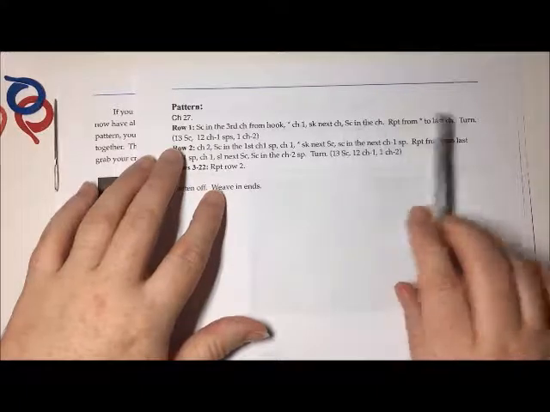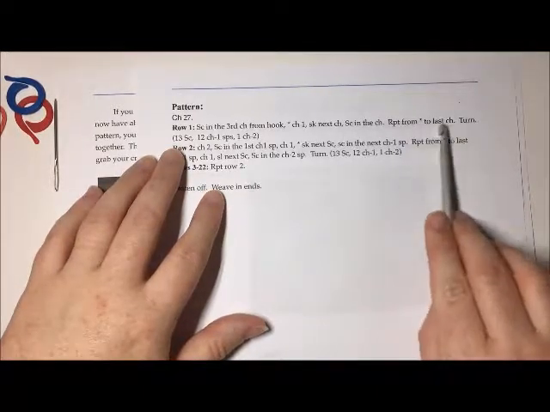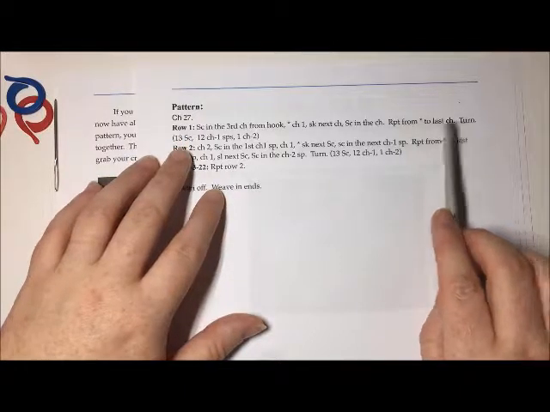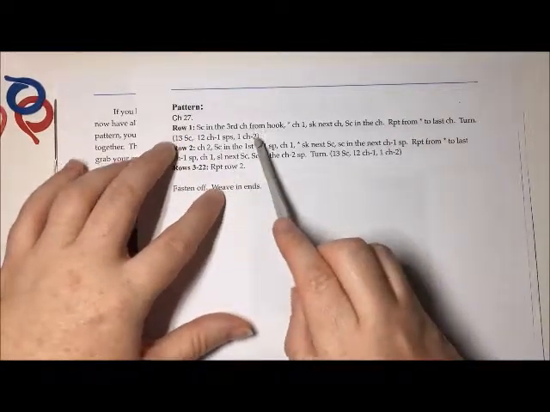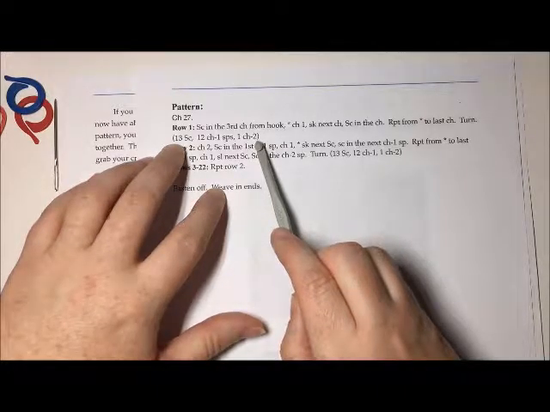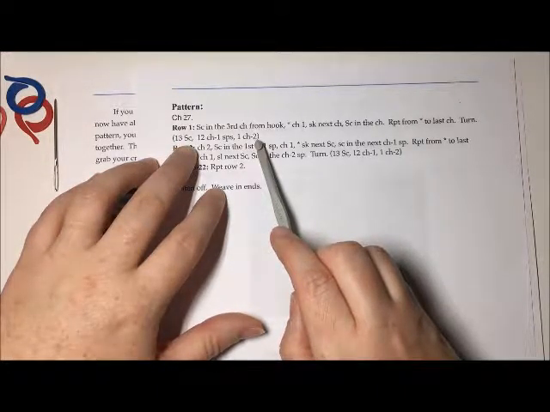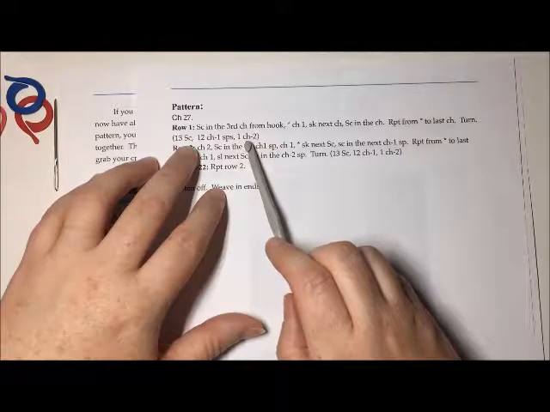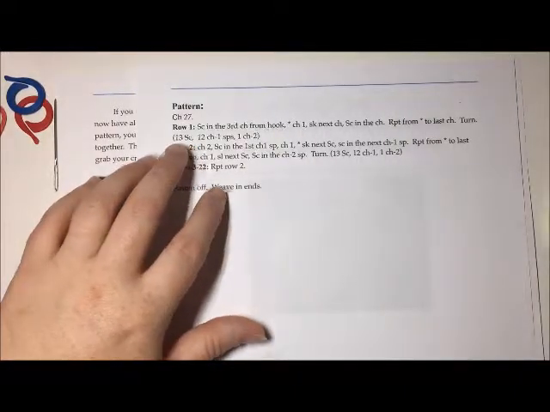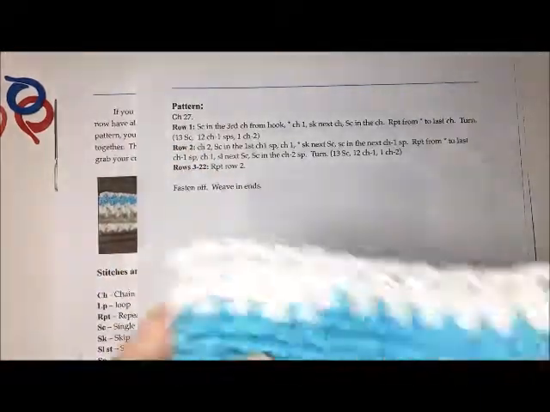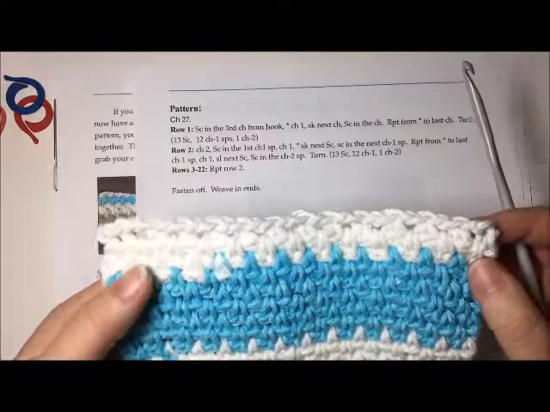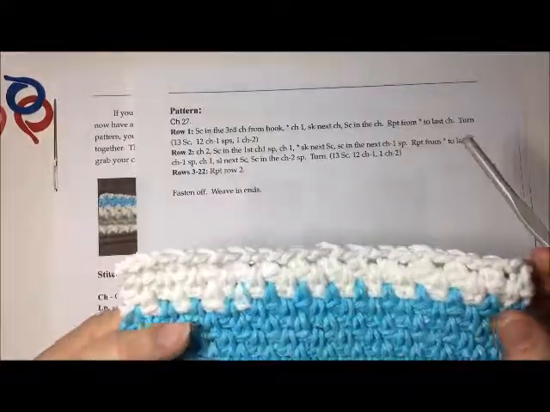You'll also see after you've finished that row, the row 1, you'll see at the end there's some brackets, and the brackets may include some stitch counts. So this is helpful when you're working and you come to the end of the row. It tells you how many stitches you should have in your row. So you will know if you have worked the pattern correctly if you go back and count your individual stitches.